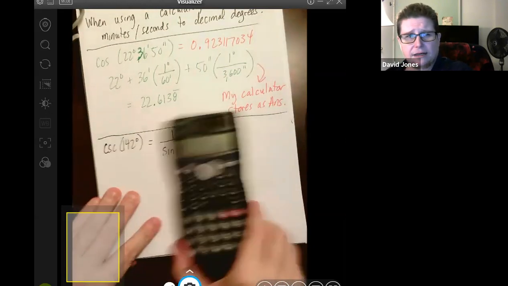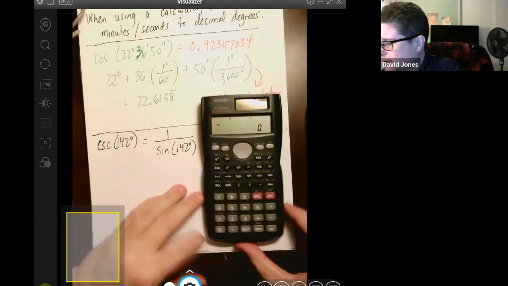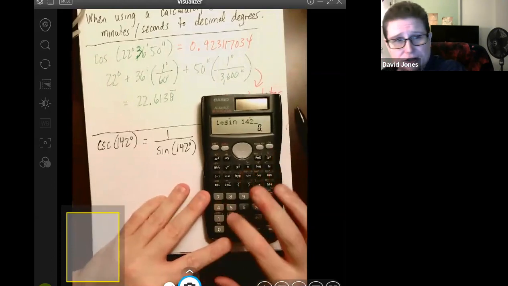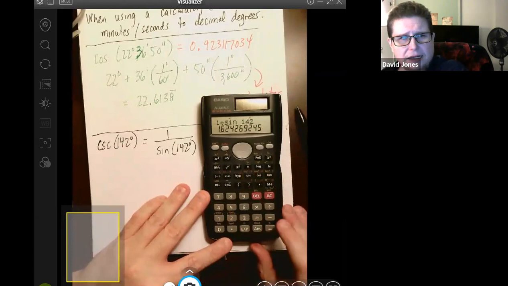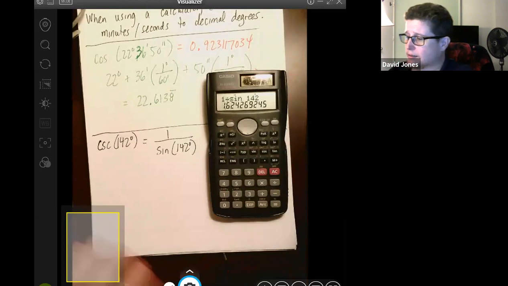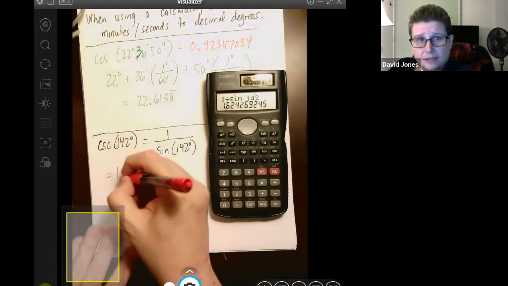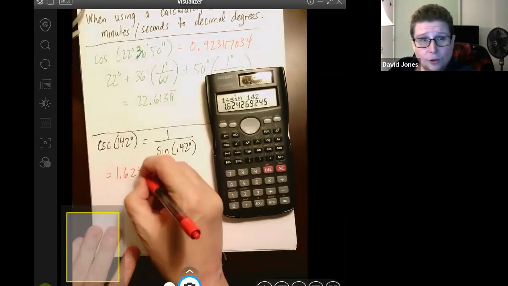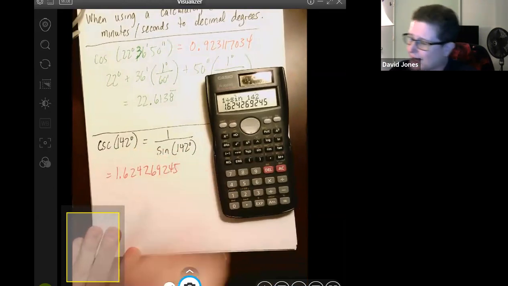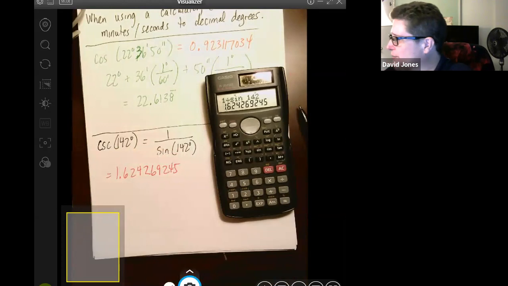All clear. 1 divided by sine of 142 is 1.624269245. And then if you're asked for a certain number of rounding places, obviously do that.